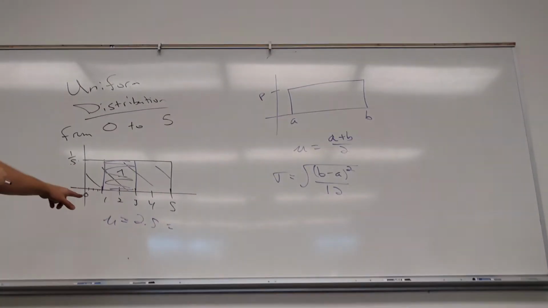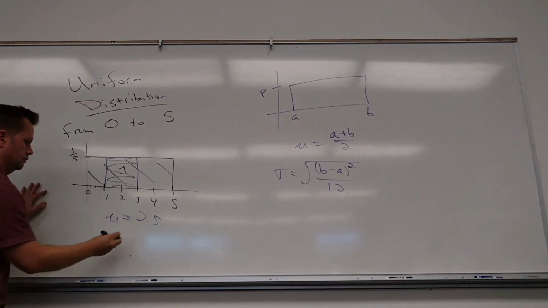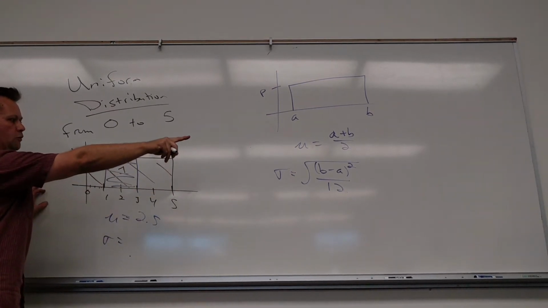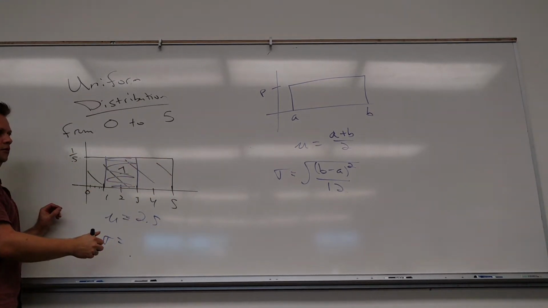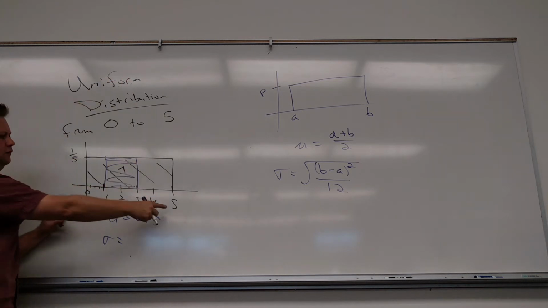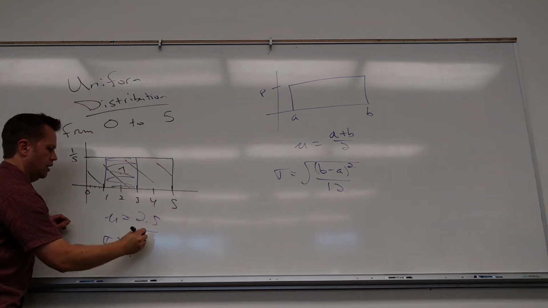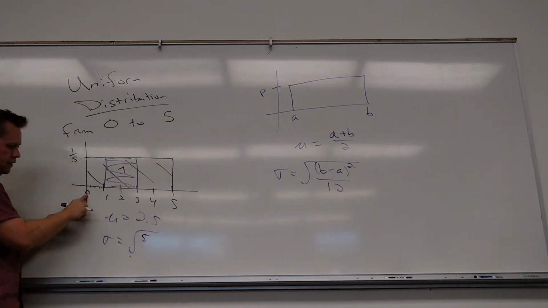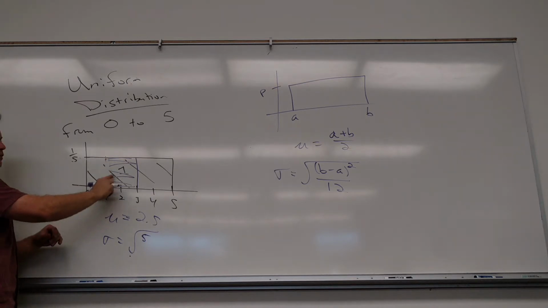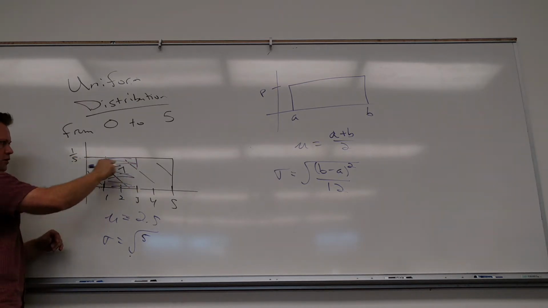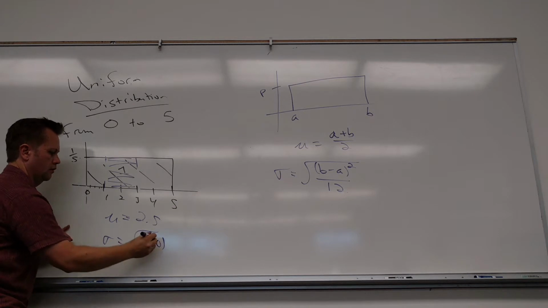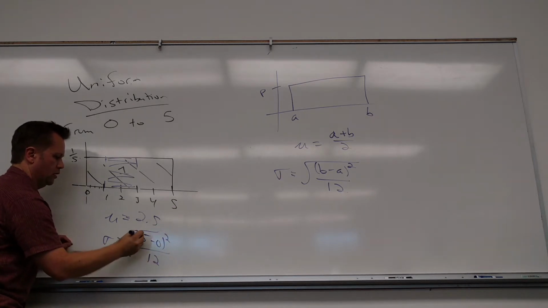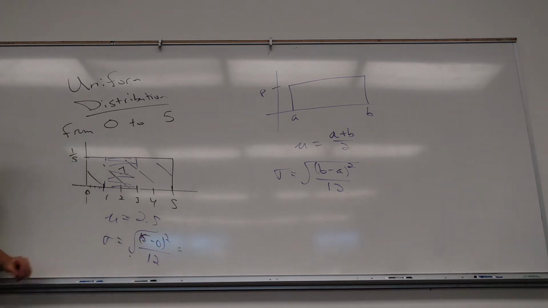So for example, for this one, what would the standard deviation be? How do I set this up? What's B and what's A? B is 5. A is 0. Right? This was a specific problem, going from 0 to 5 divided by the square root of 12.